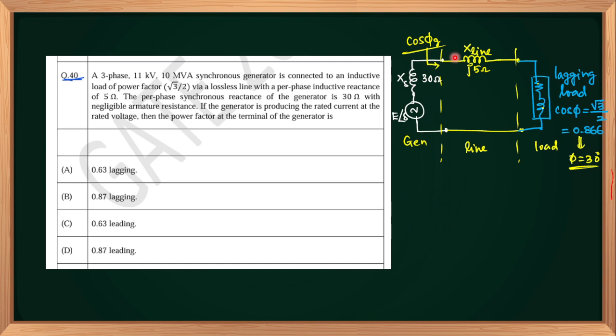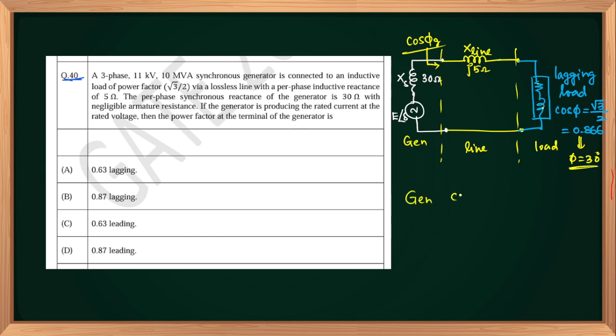For that you are adding an extra line reactance, so it is going to be inductive in nature, and the inductive nature still increases. If inductive nature increases, the power factor will fall. Yes or no? So the generator can see more.